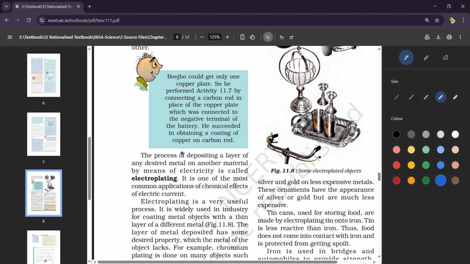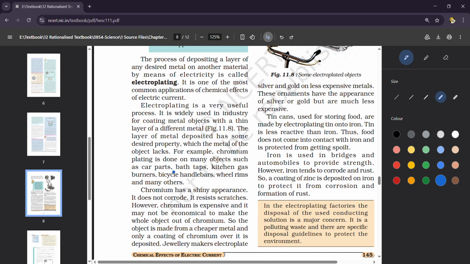Hence, it is electroplated on objects to make them shinier and protect them from corrosion and rusting, and also for appearance on bikes and cars.